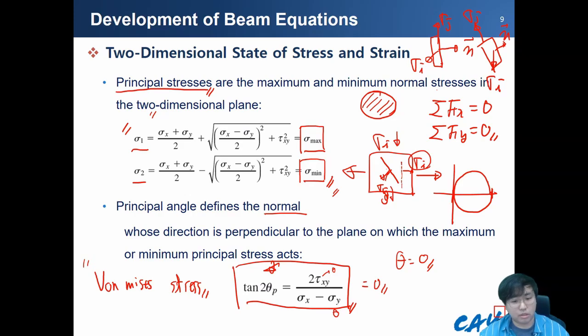This is because the von Mises stress describes the stress value as a scalar. All stresses are otherwise represented by vector quantities, so stress values have some directional component.